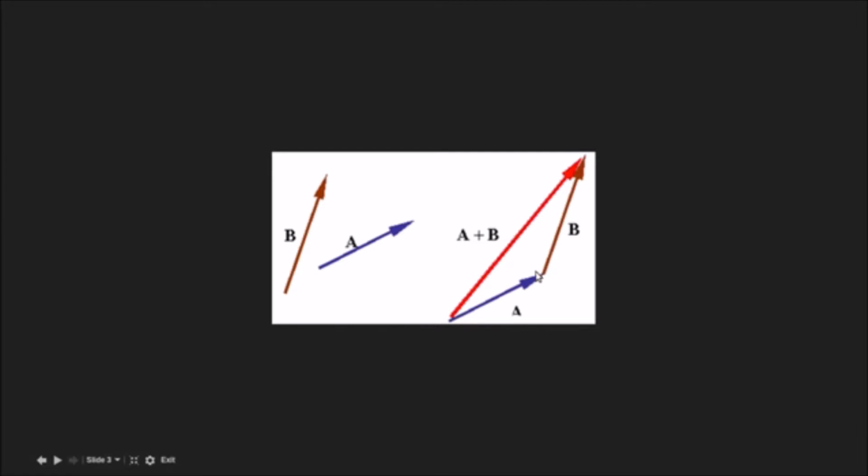So they show, for instance, the vector A down here in blue, and its vector originates, say, from a coordinate origin.